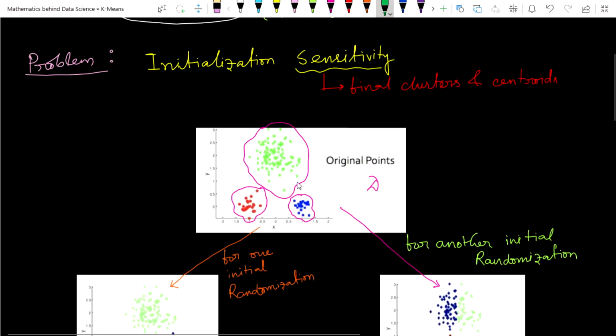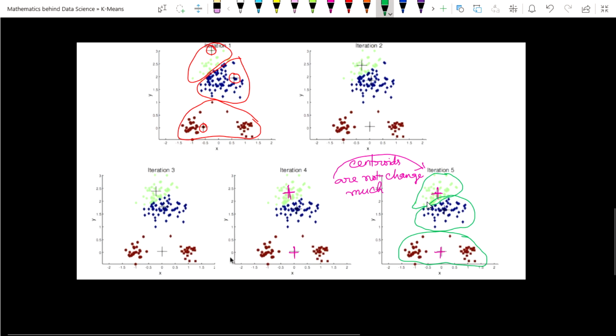Just see the original one. This is the original one, but at the end of our algorithm we got this cluster. This is very different from the original.